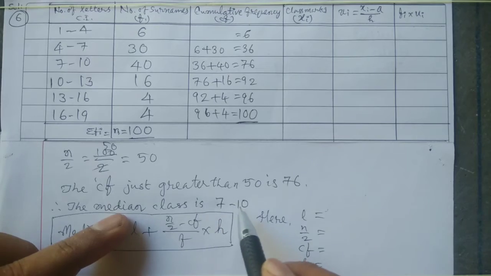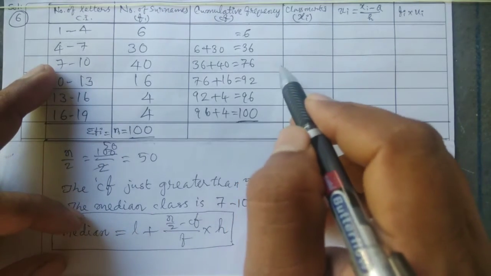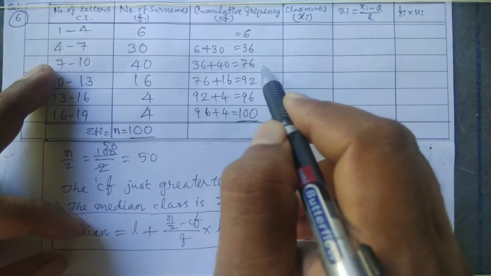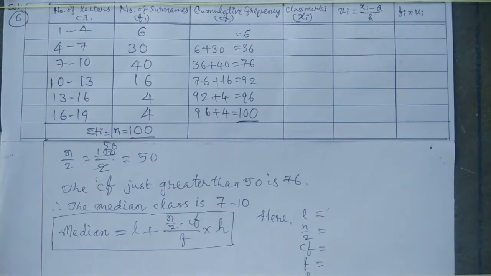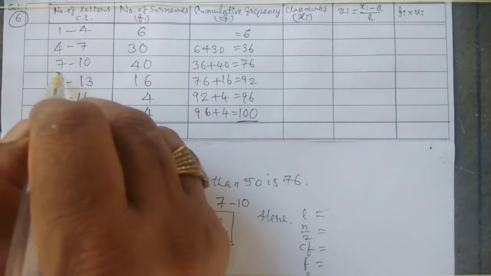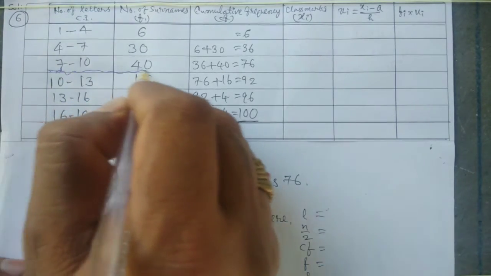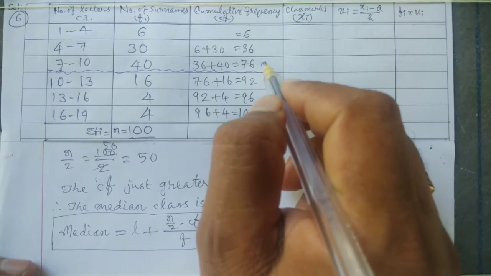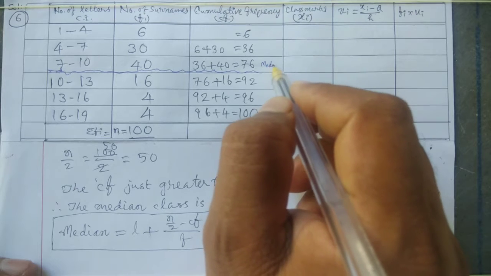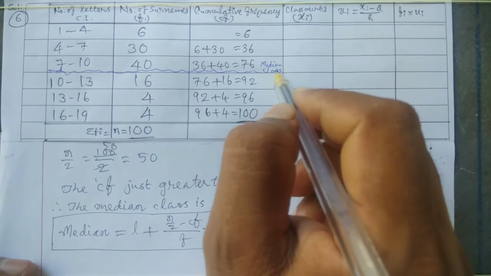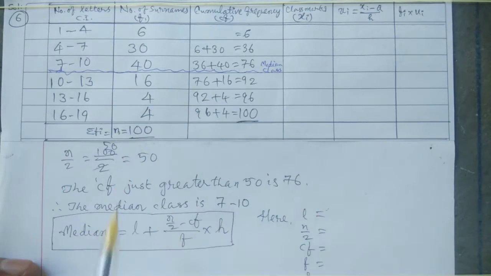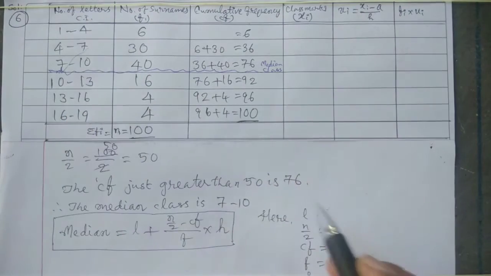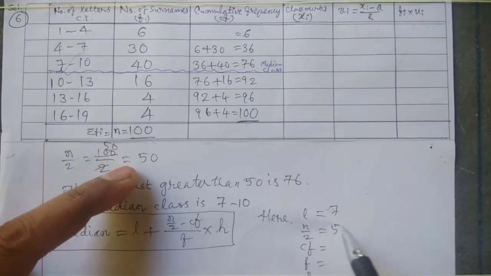Where is the median class? 7 to 10 is the median class. We have to identify this clearly. Basing this median class, we can identify L. L is the lower boundary of this median class, 7. n by 2 already found here, 50.